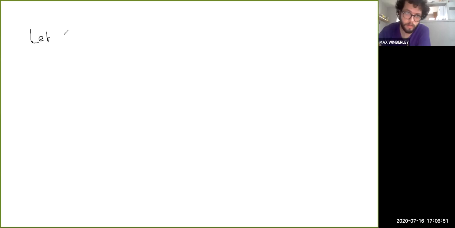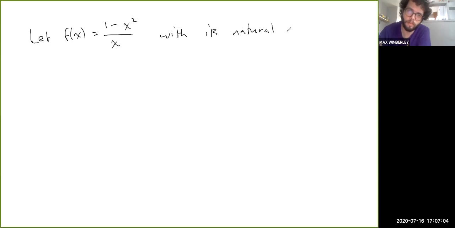Let's say f of x is 1 minus x squared over x, with the natural domain.